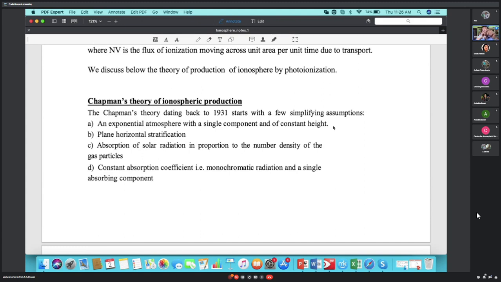Exponential means exponentially varying, increasing and decreasing, e to the power minus. With a single component and constant height, you do not vary the height. The height is fixed, say 300 kilometers, and your atmosphere is exponentially varying. That means to the top it is decreasing, and at the bottom also it is decreasing. So you have a maximum density somewhere in the middle.